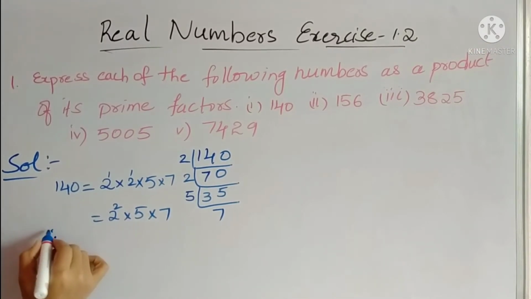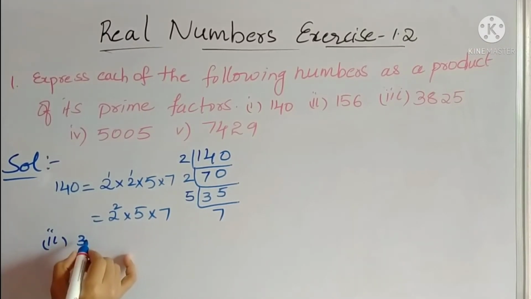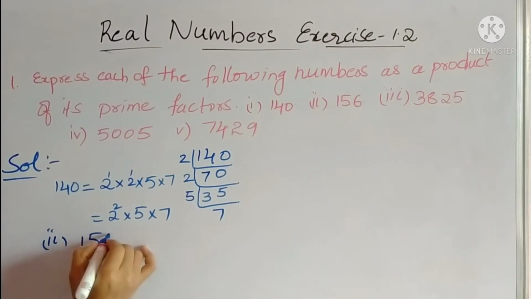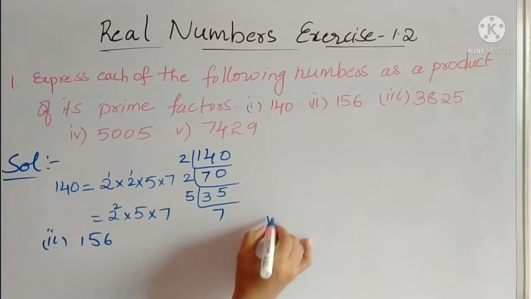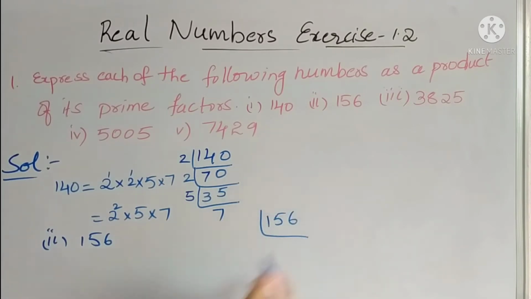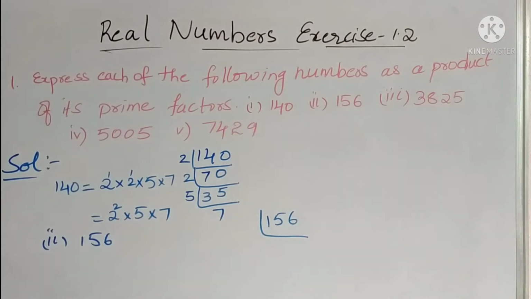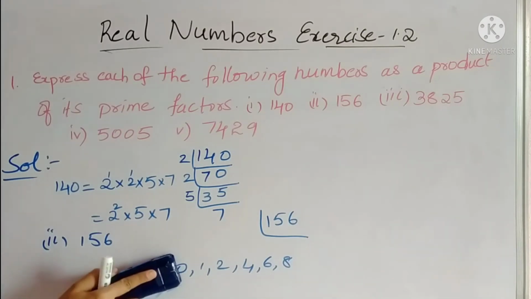Here the second one is 156. So here in ones place 6 is there. So what is the divisibility rule of 2? If 0, 2, 4, 6, 8 are in its units place, then the number is divisible by 2.